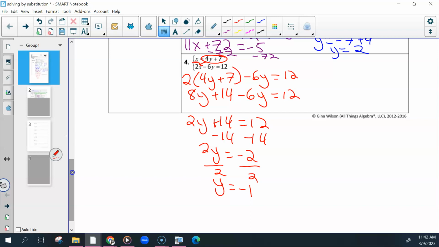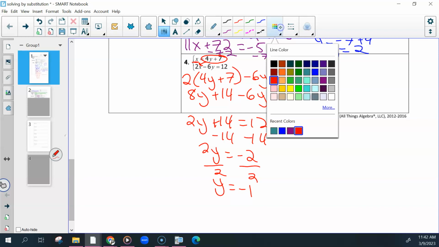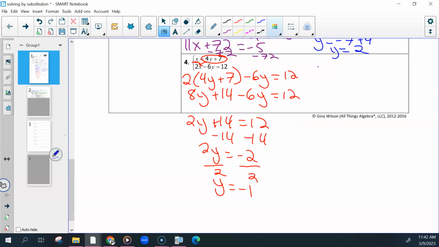Then where would we put -1? In for y. So x equals 4 times negative 1 plus 7.